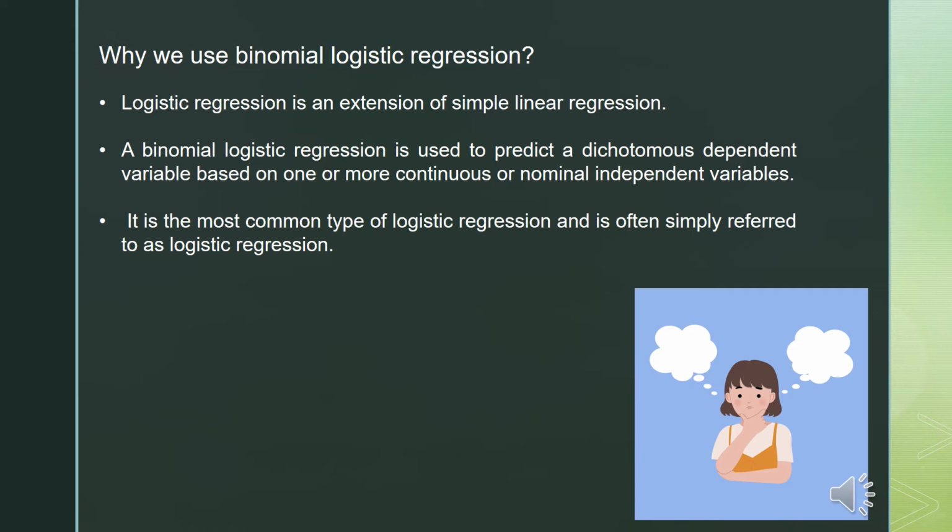Logistic regression is an extension of simple linear regression. A binomial logistic regression is used to predict a dichotomous dependent variable based on one or more continuous or nominal independent variables. It is the most common type of logistic regression and is often simply referred to as logistic regression.